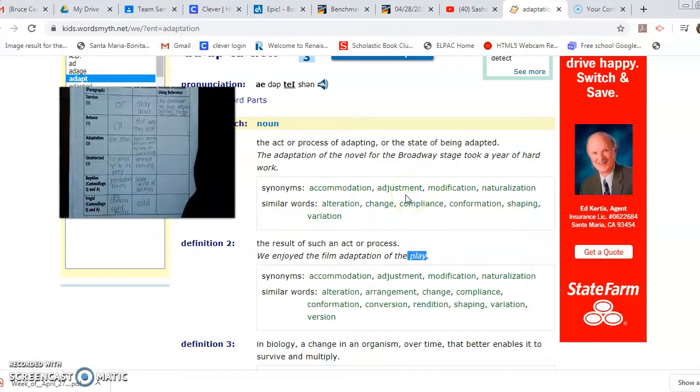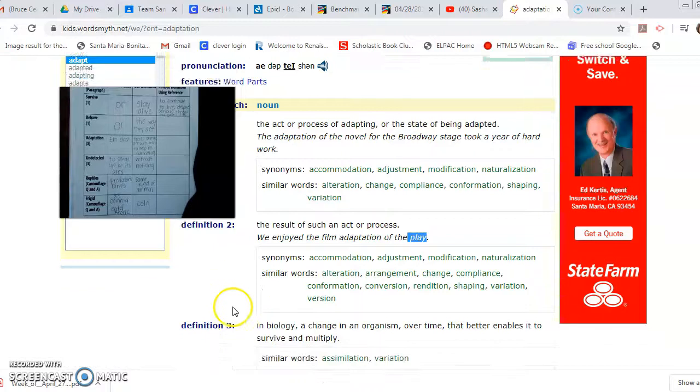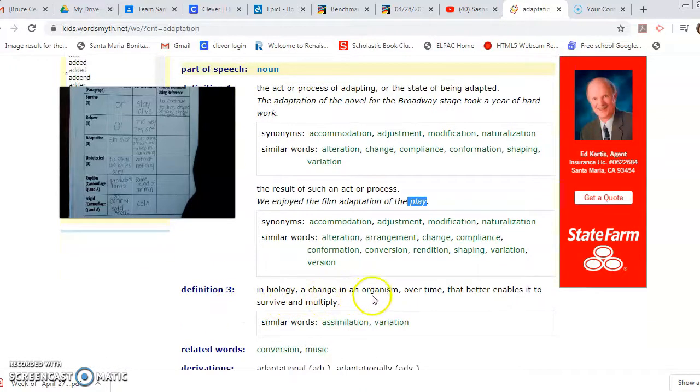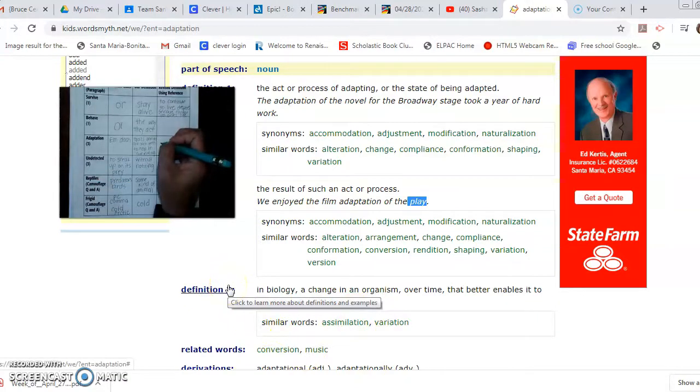No, I don't think so either. So let's take a look at definition number 3. In biology, a change in an organism over time that better enables it to survive and multiply. Does that sound like something here that we wrote? Yes. So definition number 3, we're going to write for adaptation.